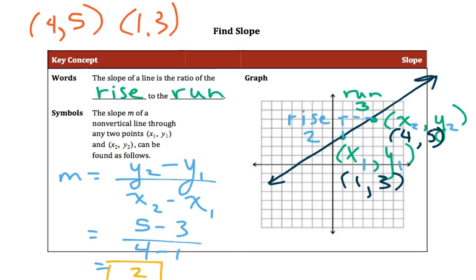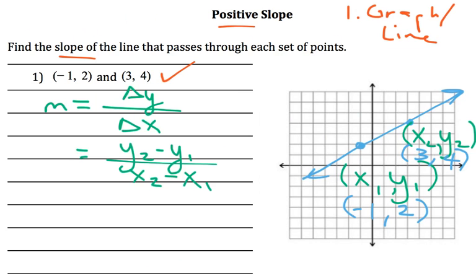Jump back to the previous page for a moment and make a little note that m is also delta y over delta x. It's the same thing that you have right here. Now that we have our equation set up and we've written it again, it's another chance to lock this one into muscle memory so we're not even thinking about it. Y sub 2 is 4.